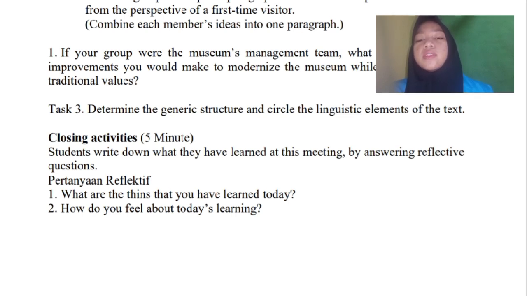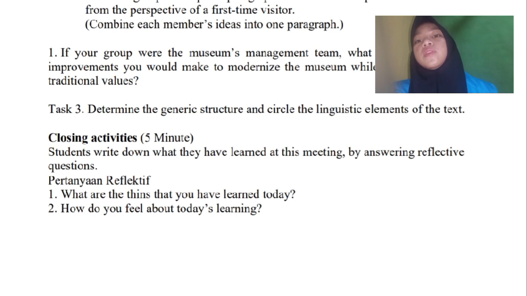Closing activities, 5 minutes. Students write down what they have learned at this meeting by answering reflective questions. The questions are: What are the things that you have learned today?